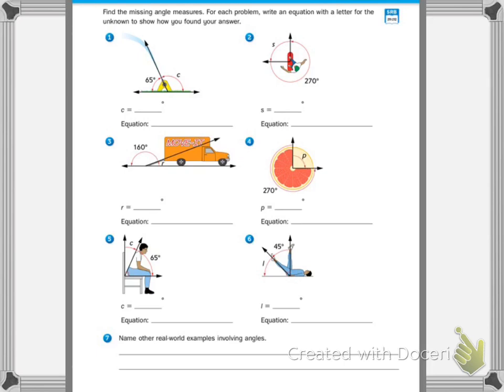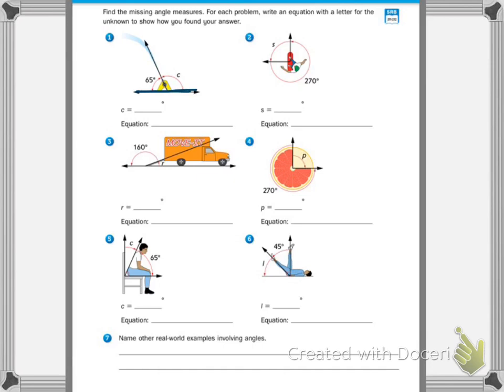So let's look at our first page on lesson 8.2. We're going to be finding the missing angles, and then we're going to write the equation and tell how we got it. Okay, so if we look at number 1, it looks like there's a sprinkler, so we have our lawn here, and then the sprinkler is shooting at a 65 degree angle, and they want to find out what the measure of that angle C is. Well, which angle do you see for sure that you know the exact measurement of?